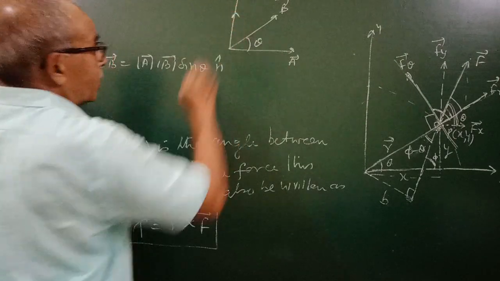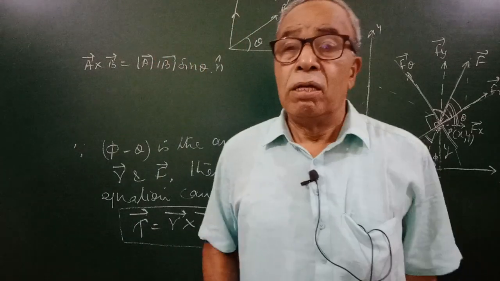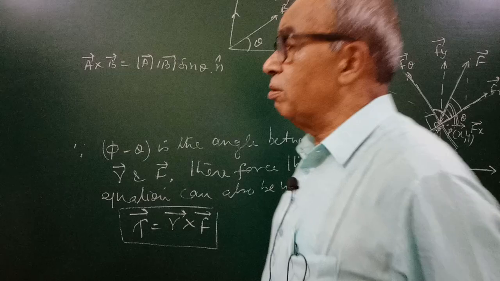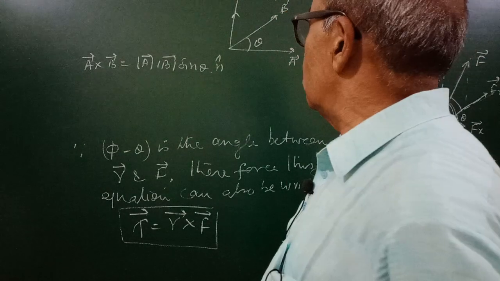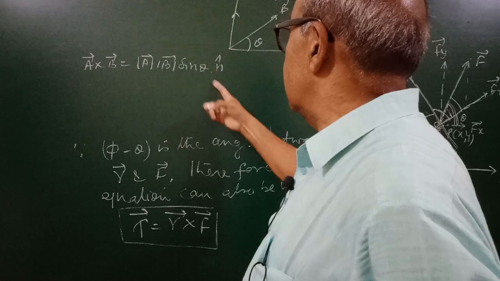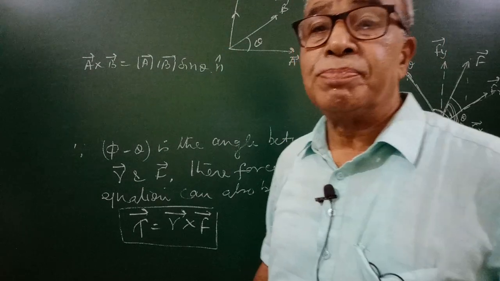N cap is the unit vector which tells the direction of A cross B. A cross B is one vector which is at right angle to the plane, and n cap, the unit vector, tells its direction, which is normal to the plane containing vectors A and B.